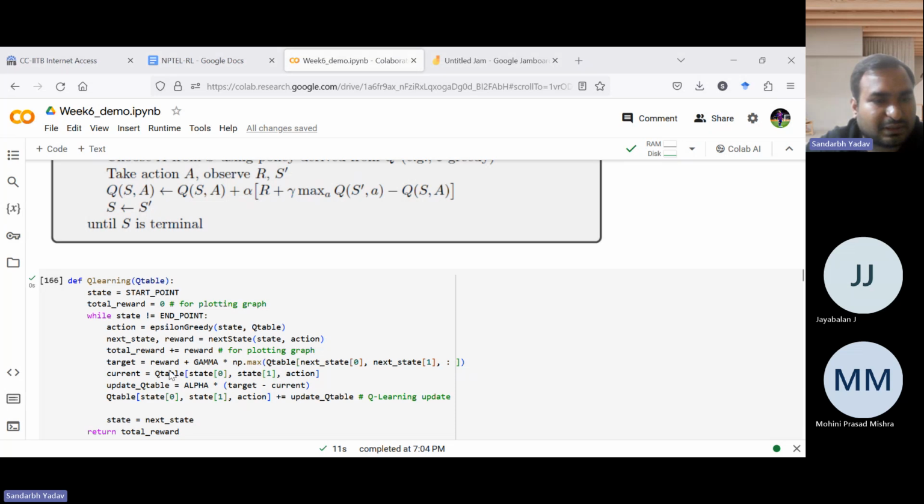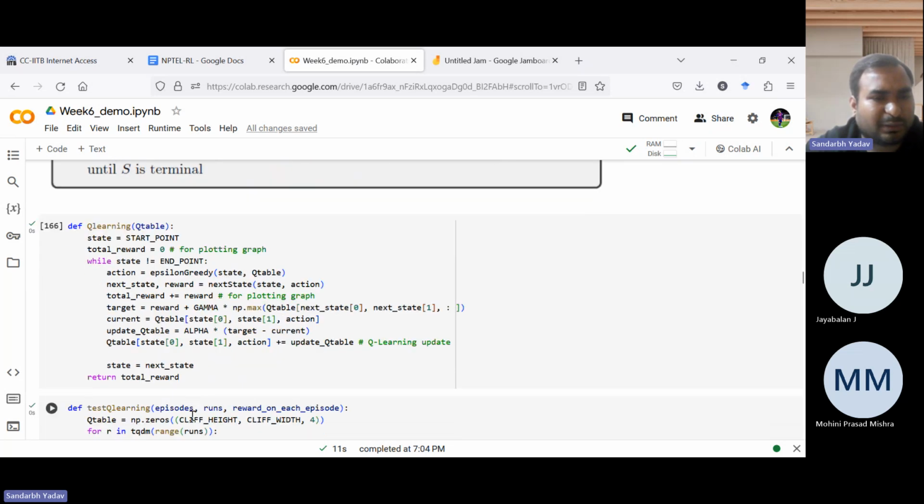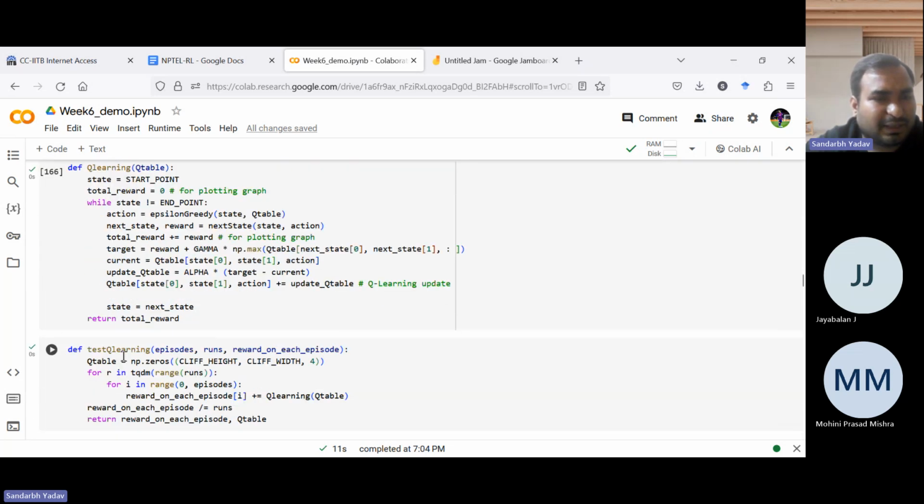So you are updating this, plus equal to this update, and then state equals next state, and returning the total reward. Again similar to SARSA, you are initializing with 0, then running many episodes, and calling this again and again.